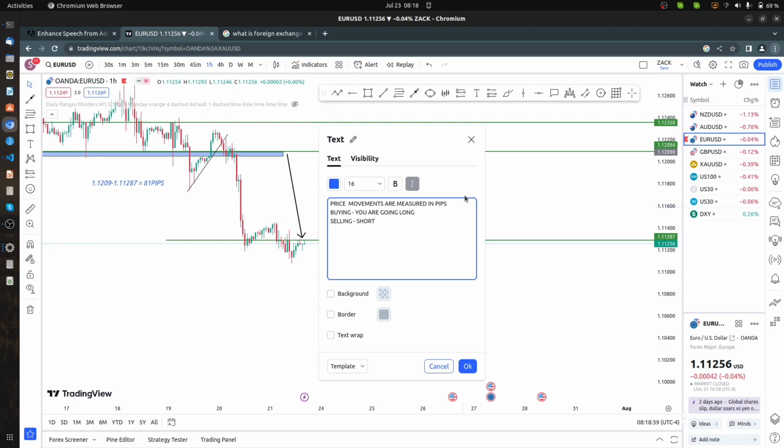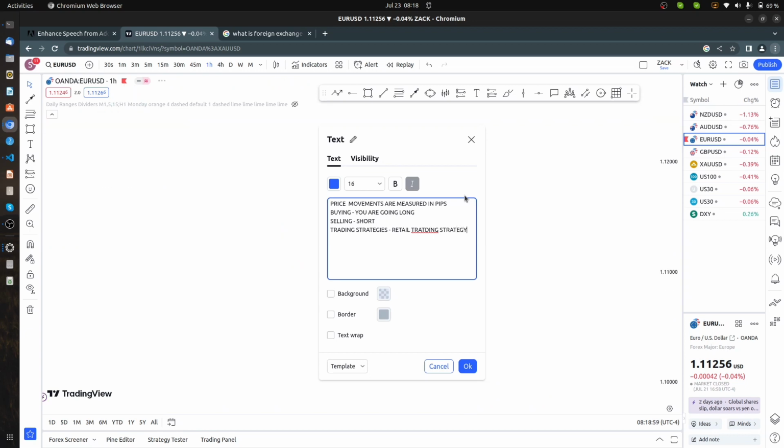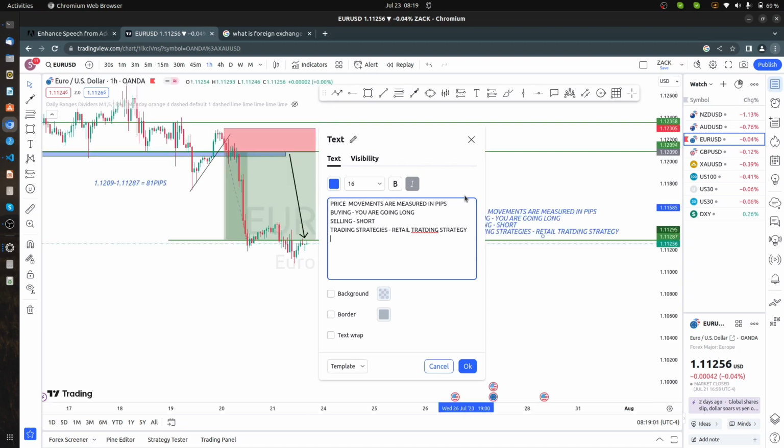Also, I want you to know that there are very many trading strategies, but the key ones that we know are the retail trading strategy, then we have the smart money concept. We normally call it the SMC strategy.